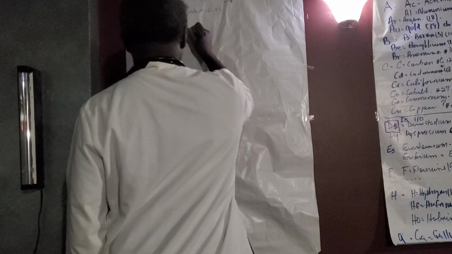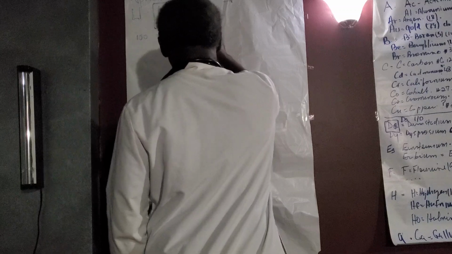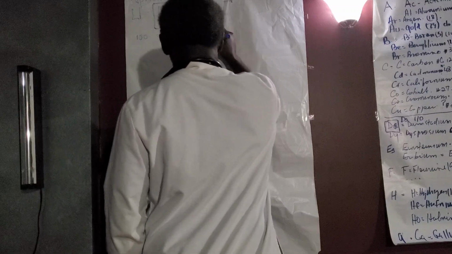So we have uranium for 92, then we skip and come out to 100 for unnilnilium.